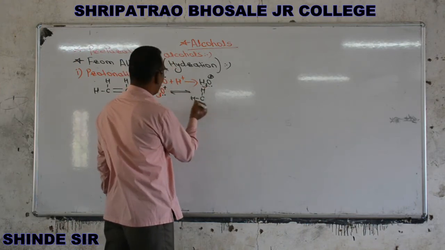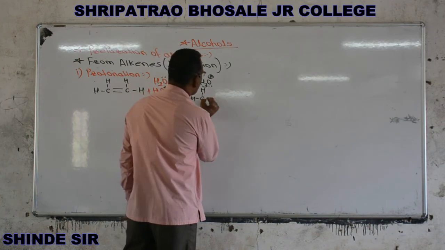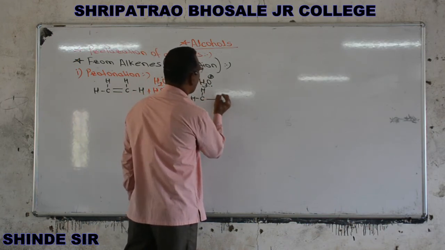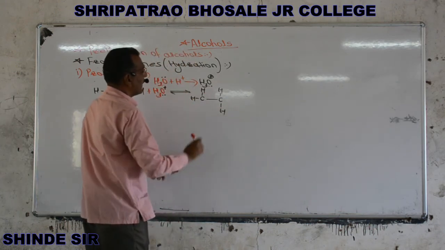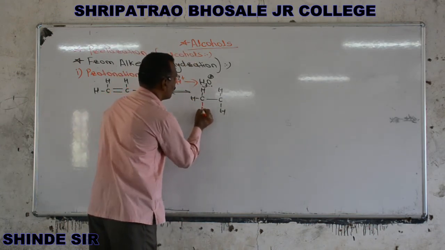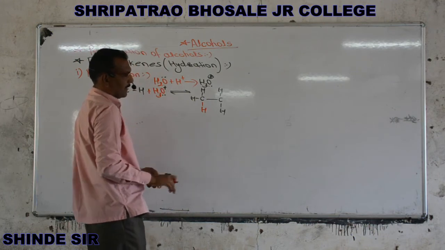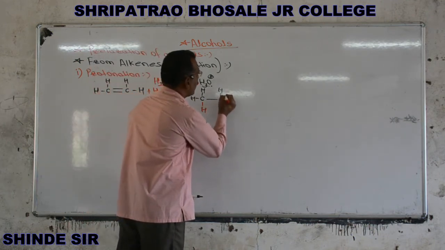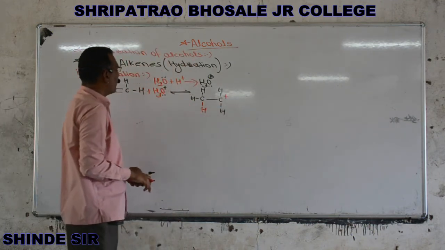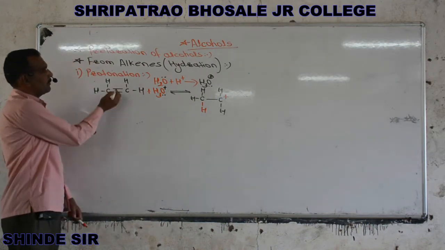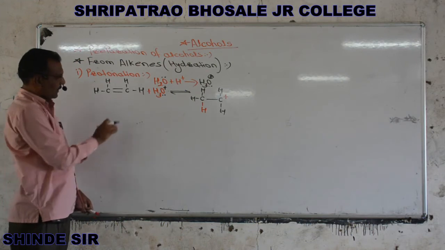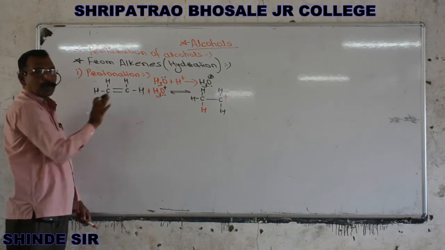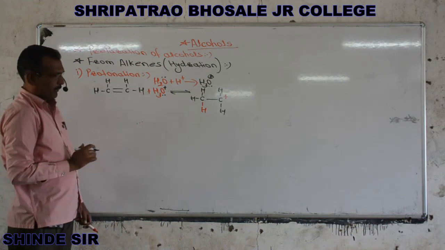The double bond is converted to a single bond, this proton gets added, and the other carbon acquires a positive charge, as the pi bond electrons are shifted in this direction. So this is the first step, the protonation.